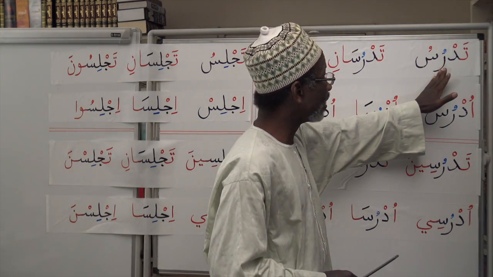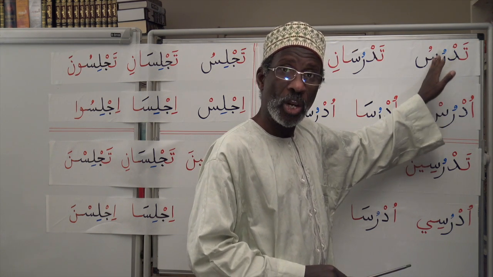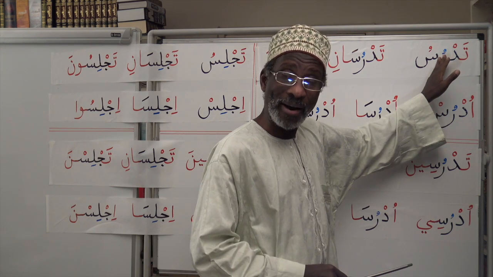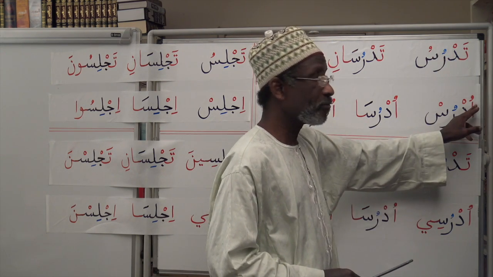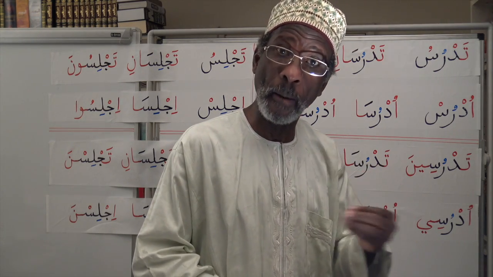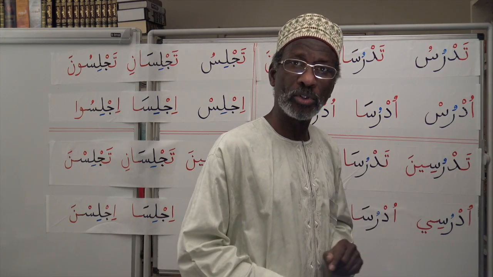You look at the second root letter in the present tense, look at the vowel that it's carrying, and you put that vowel on the alif. If it's carrying dhamma, so tadru becomes u, you put that dhamma on the alif of imperative.